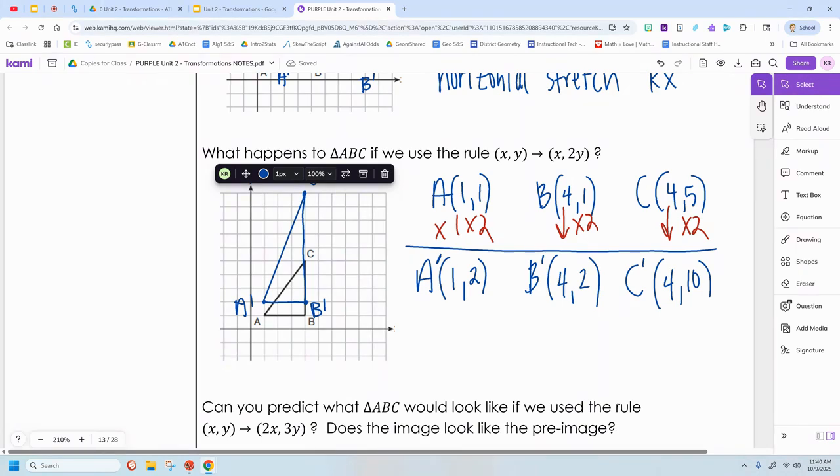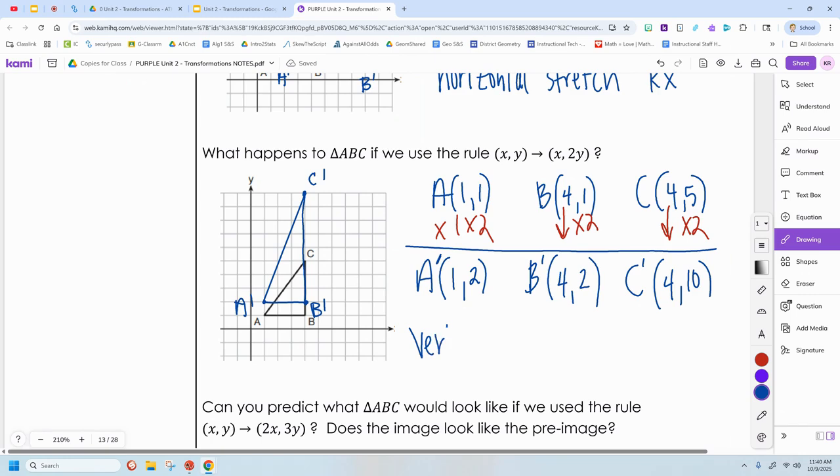All right. It's a pretty stretchy, tall triangle, isn't it? So that's our vertical stretch. And that's because the Y is being affected by some sort of a factor.